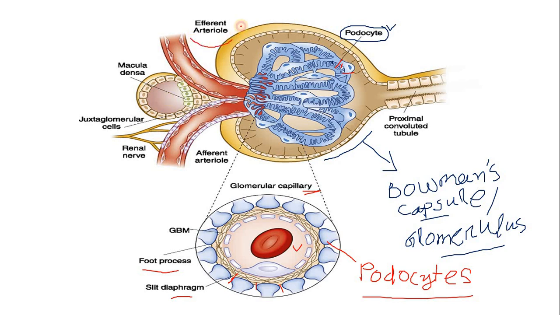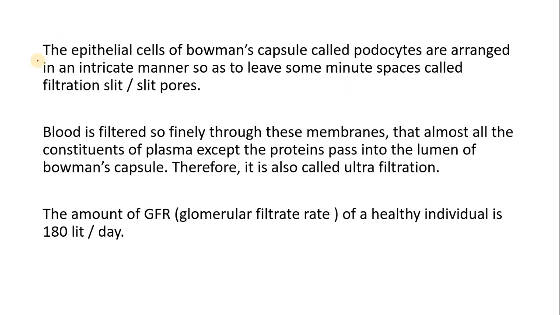Efferent arteriole is where the filtered blood leaves the glomerulus, and afferent arteriole is where the blood enters into the glomerulus. Okay, I think you can understand this. And this is proximal convoluted tubule or PCT. After filtration of the solutes, they enter into the PCT or proximal convoluted tubule. That's why its first name starts with proximal.